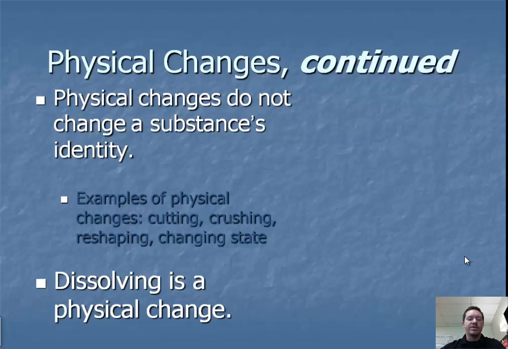Dissolving is also a physical change. I can put salt in water, or sugar in water, and I can still separate the sugar or salt out from the water. We can tell that the salt or sugar is in there because it has the properties that it had before it went into the water. If we put salt in water, the water then tastes salty.